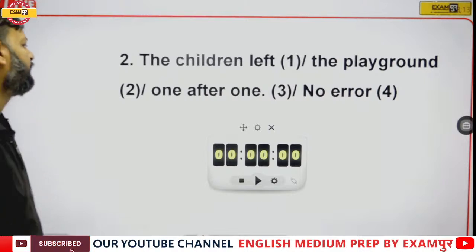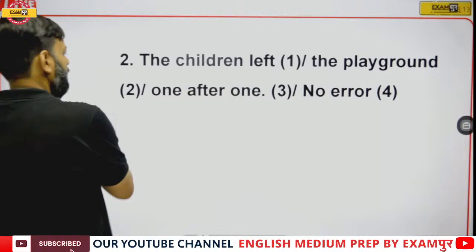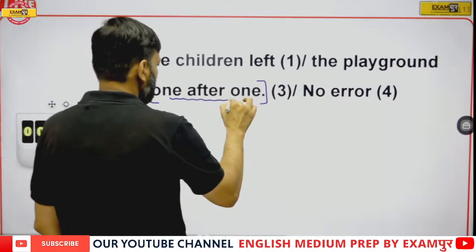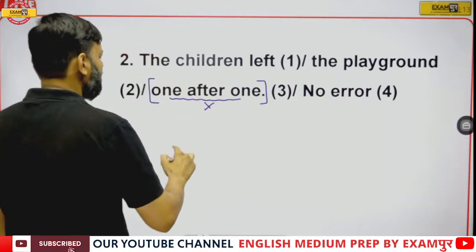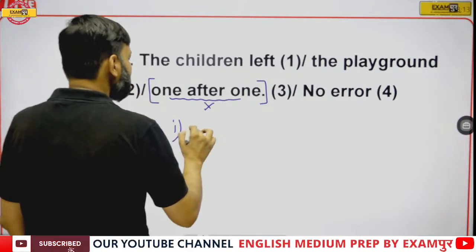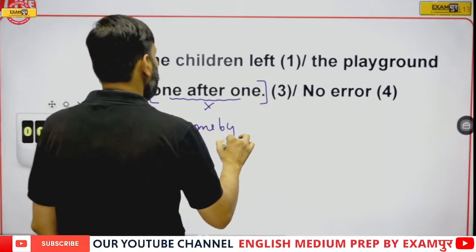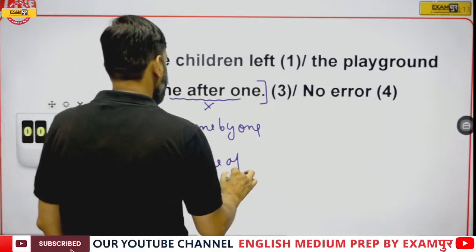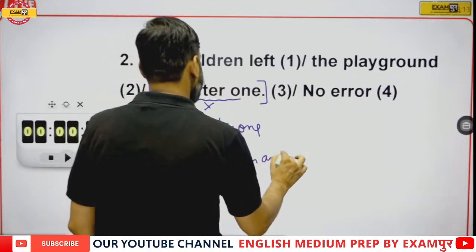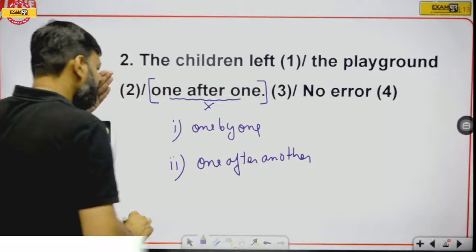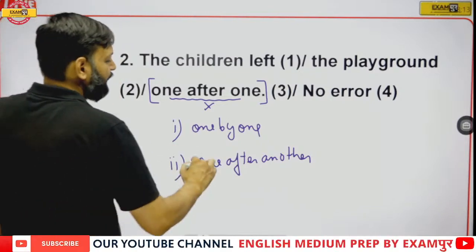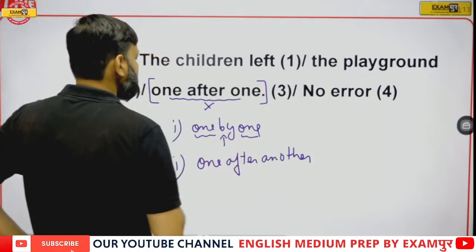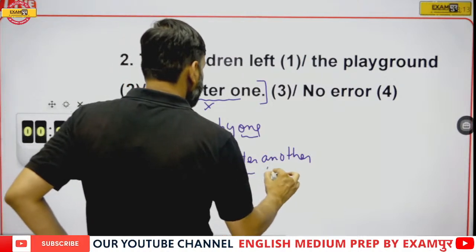Okay. See, here we have a phrase 1 after 1. This phrase is not right. In place of 1 after 1, you can write either 1 by 1 or 1 after another. Always remember, if you are writing 1 and 1, there will be by, and if you are writing 1 after, there will be another.